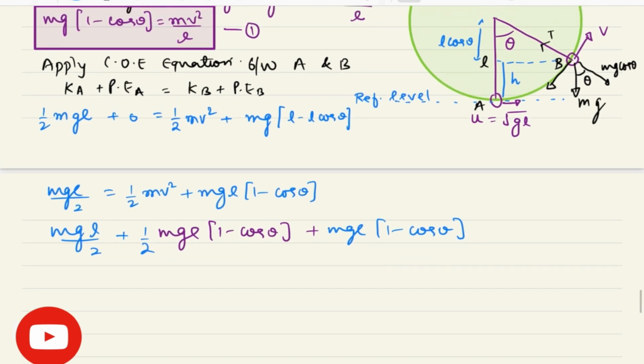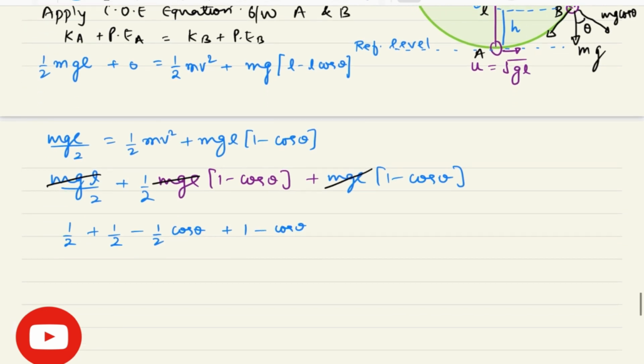So from this we can get the value of theta because v is nowhere here. Let's solve this. The mgL terms cancel each other. So we are left with 1 by 2 plus 1 by 2 minus 1 by 2 cos of theta plus 1 minus cos of theta. Sorry, here equals sign is equal sign.